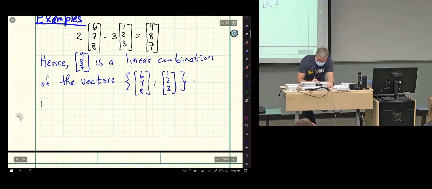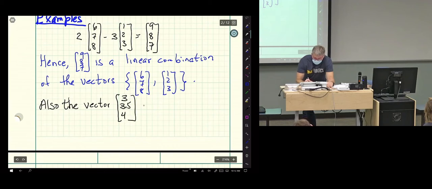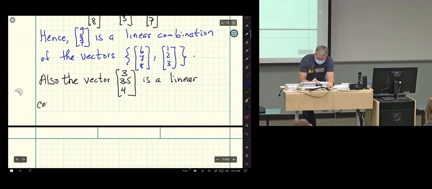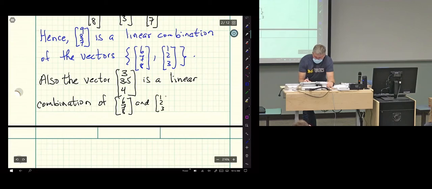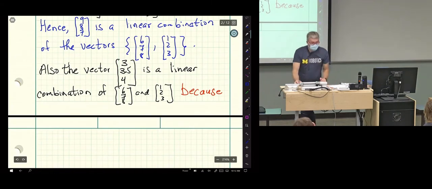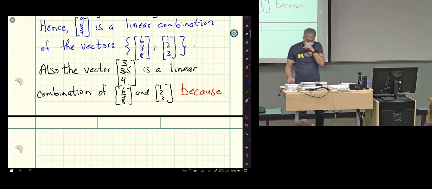Now, also, the vector 3, 3.5, 4 is a linear combination of 6, 7, 8 and 1, 2, 3, because, well, why is that true?